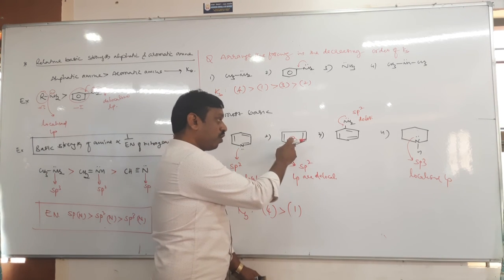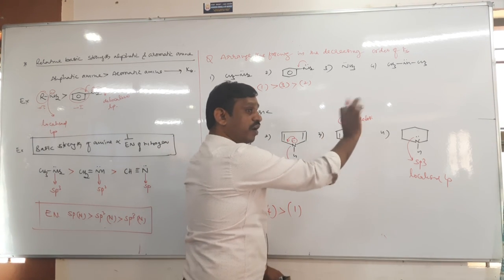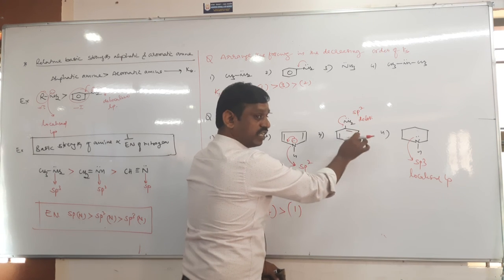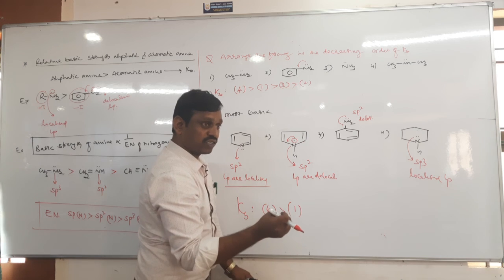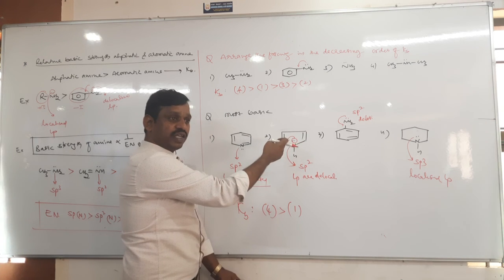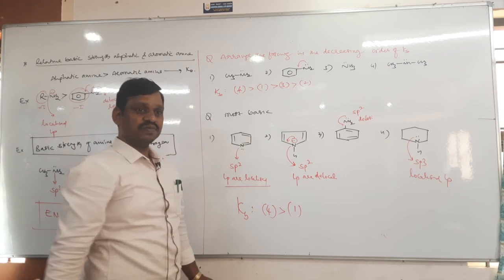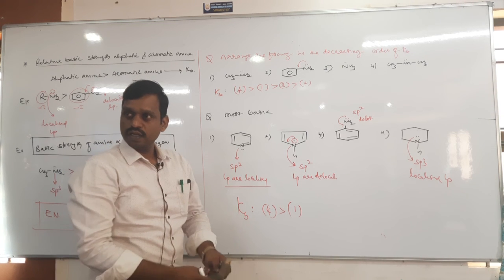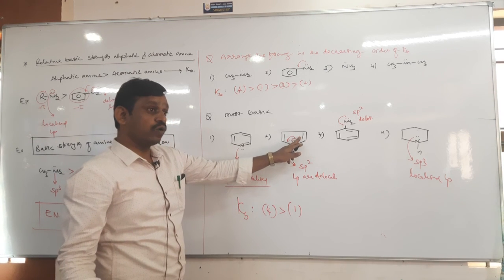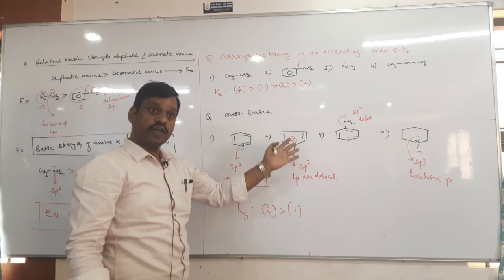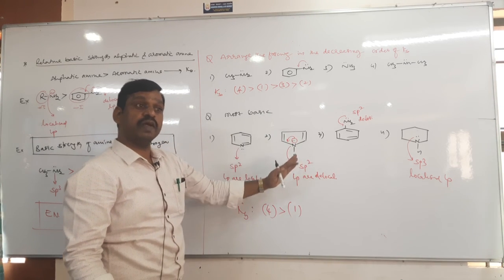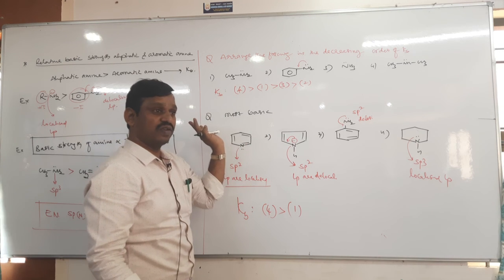Suppose you try to take these electrons, it loses aromaticity. It means it never gives electrons, because if it is donated, it loses aromaticity. It becomes anti-aromatic. It is highly unstable.